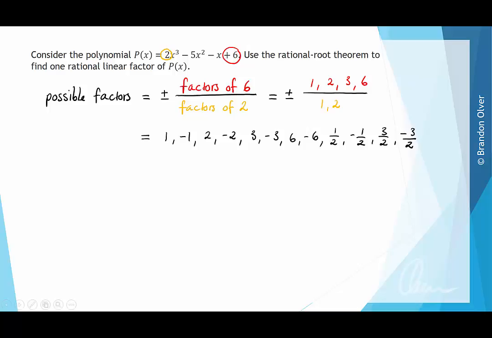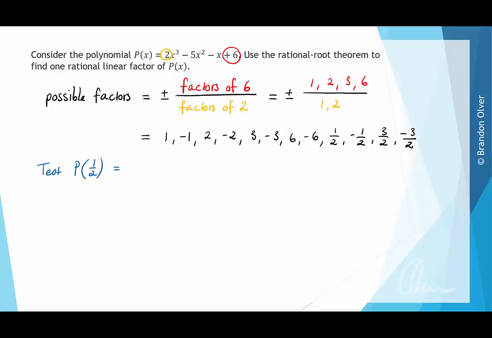So the next thing we need to do is test out each of these to see which ones are factors. So we're going to start by ignoring the integer values 1, 2, 3 and 6, and we're trying to identify a fractional linear factor for p of x. So we're going to start by testing p of 1/2.